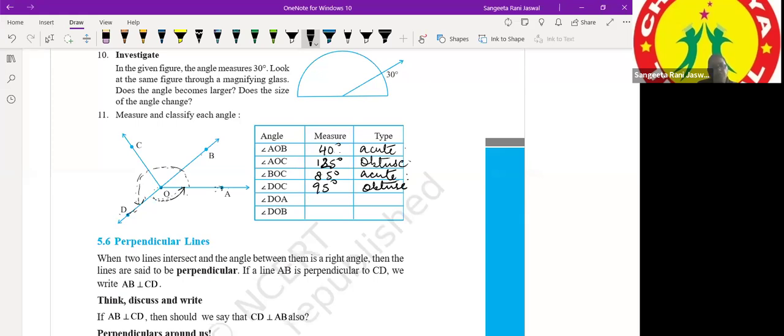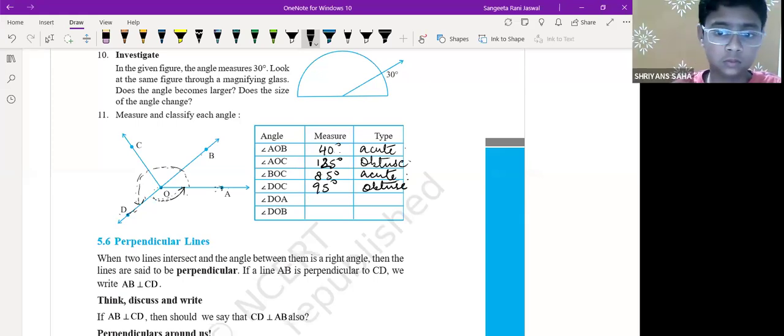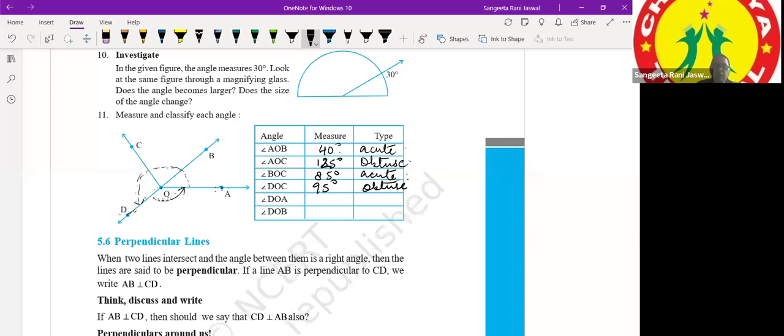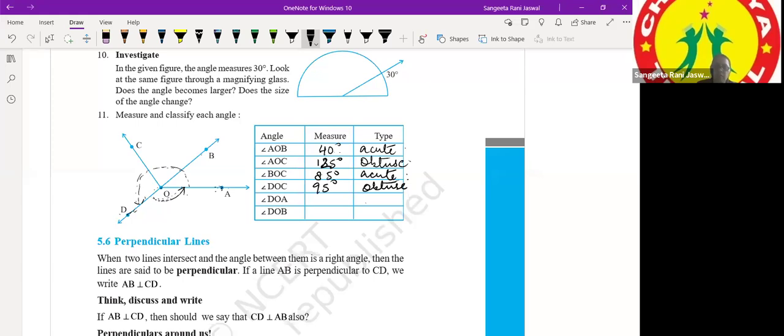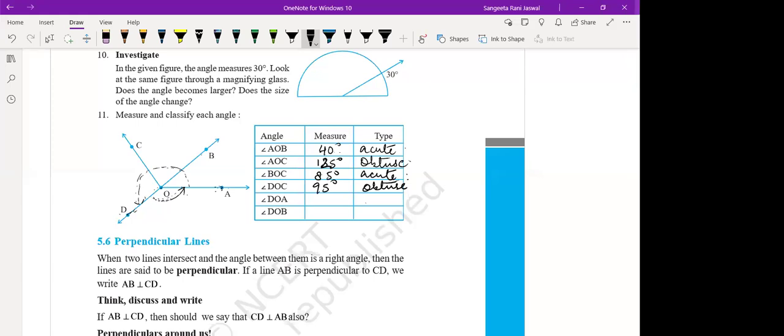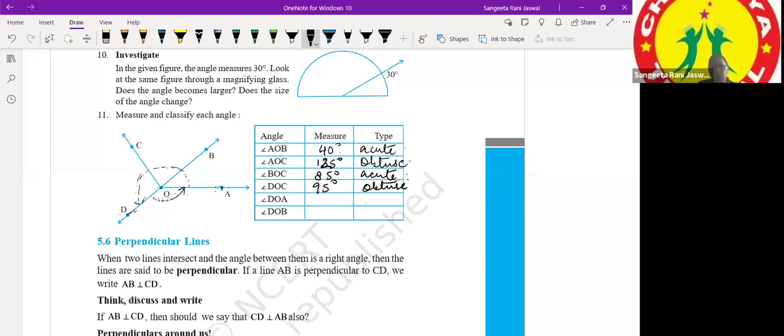Okay, Abhya? Ma'am, 140. If you are writing 140, then you can write obtuse here. Right? Ma'am, I also got 140 for reflex 240. Okay, if you're writing the reflex 240, then write reflex here. But I think it's DOA, it's 140 because then you have to measure from this side.